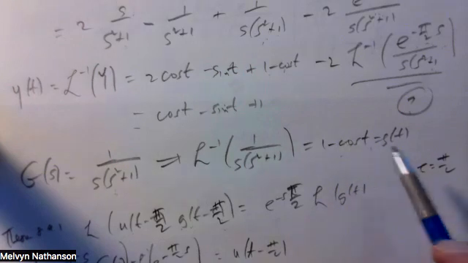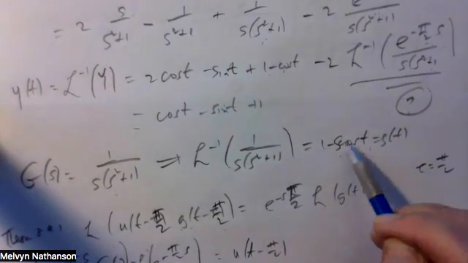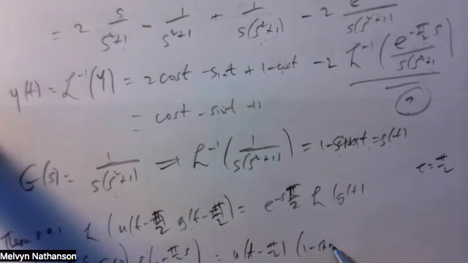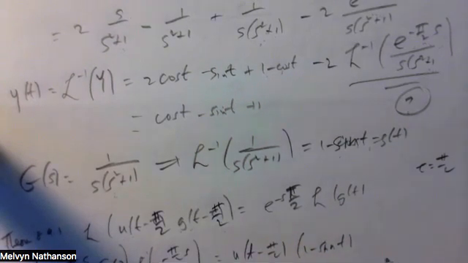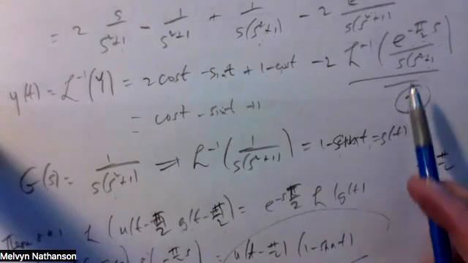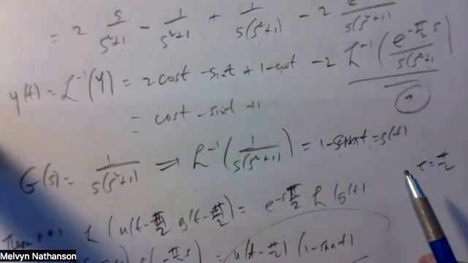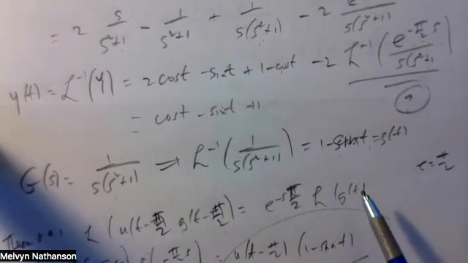Oops, sorry, 1 over s is 1 minus sine t. So g of t is 1 minus sine t. So this goes in here, and lo and behold, miracles happen.